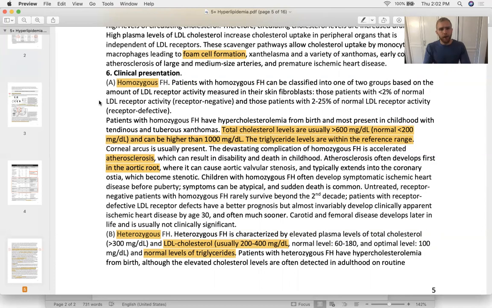We're talking about greater than 600 mg per deciliter, and you're going to have normal triglycerides. The main presenting symptom of familial hypercholesterolemia is premature atherosclerosis, which can manifest as, namely, ischemic heart disease, but also as renal stenosis or maybe even an aortic dissection.